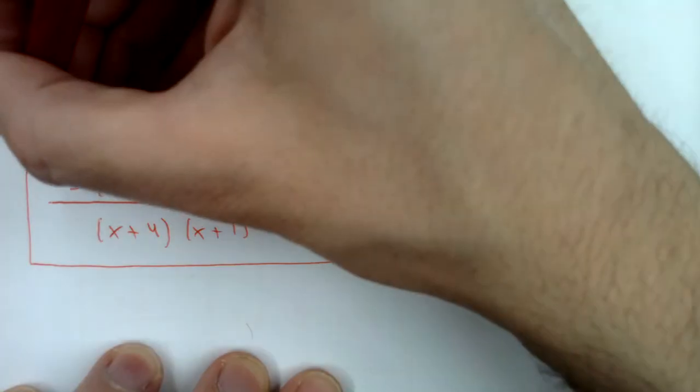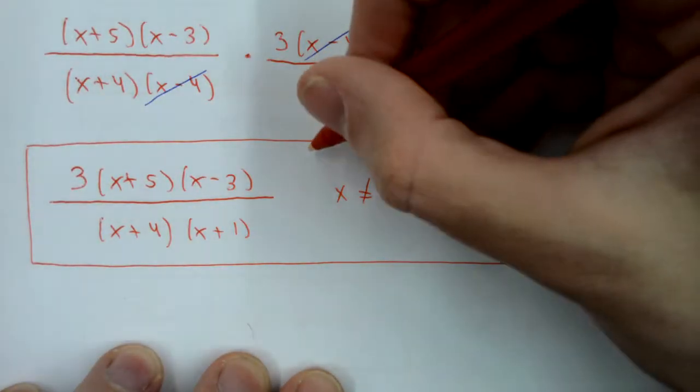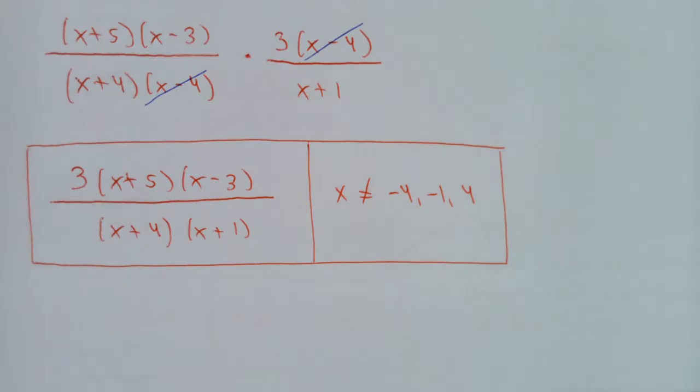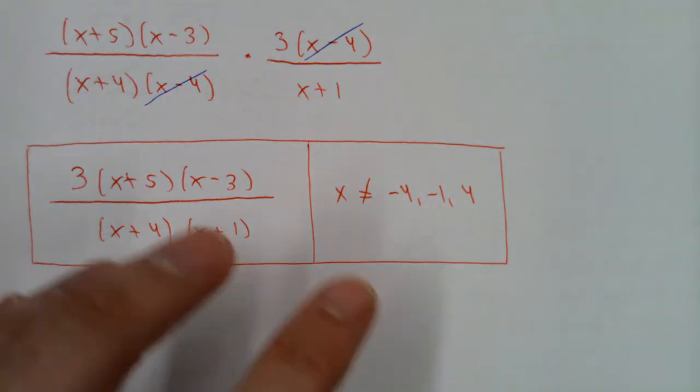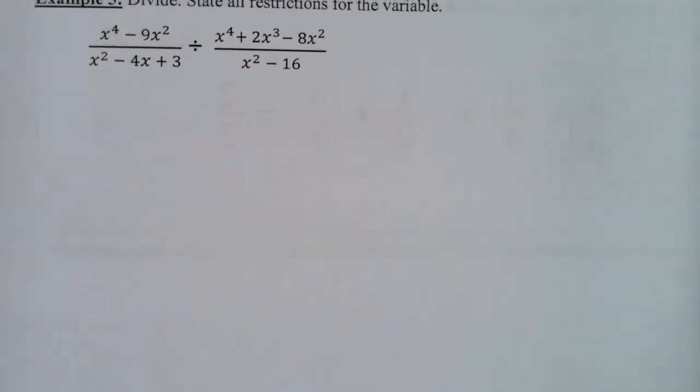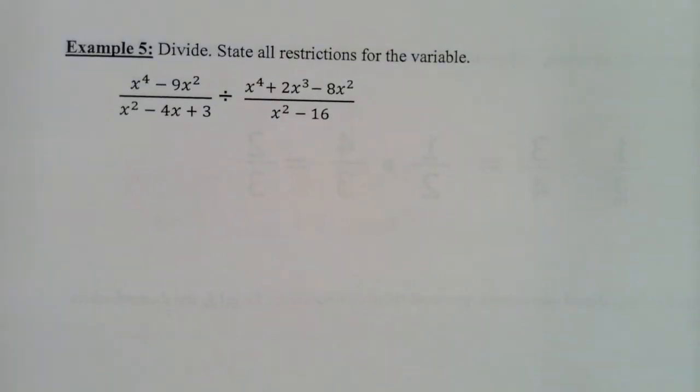Okay, one more problem. Oh boy. Let me start by rewriting this again, and I'm going to change it to multiplication by the reciprocal.